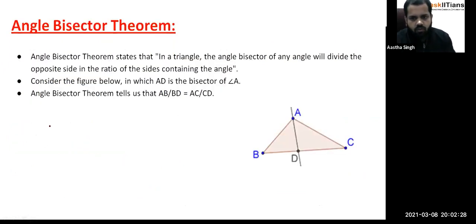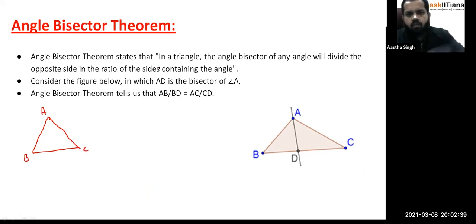Let me show you here the triangle ABC. The angle bisector theorem states that in a triangle, the angle bisector of any angle will divide the opposite side in the ratio of the sides containing the angle. Let's suppose this point D, the angle bisector, means these angles are equal.